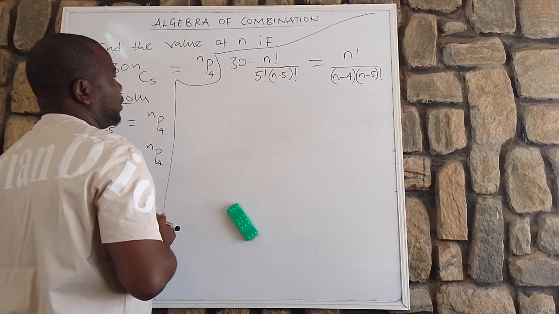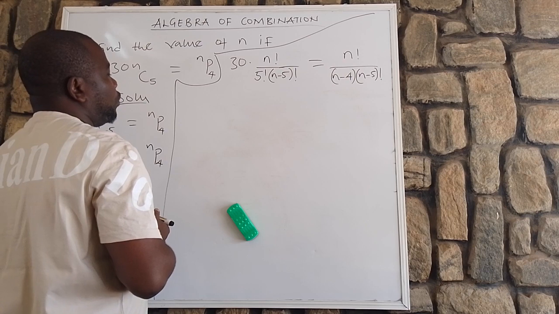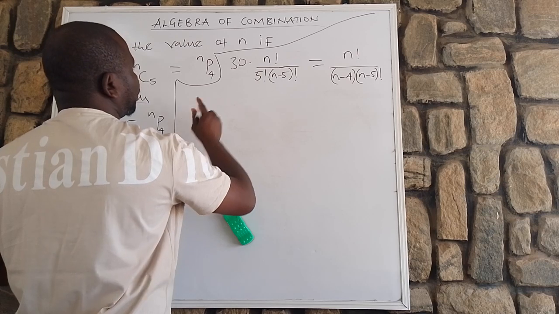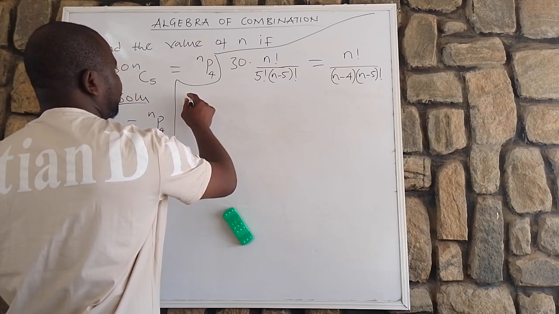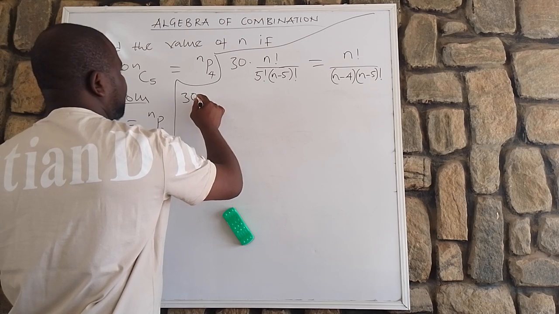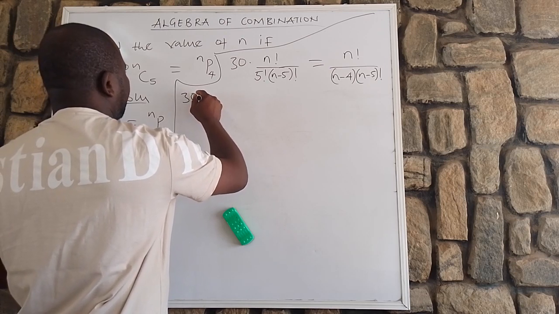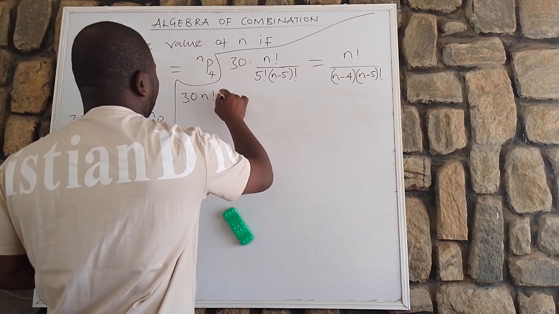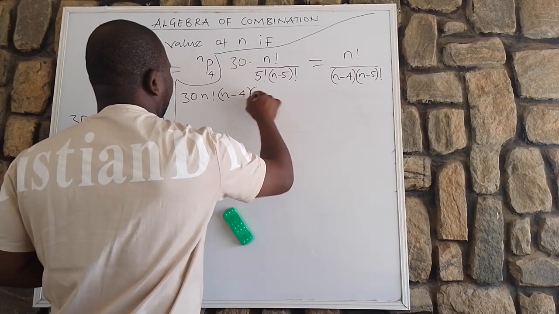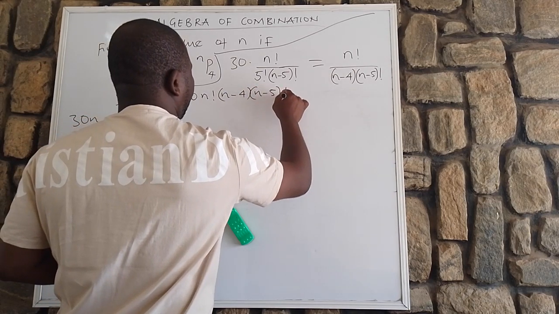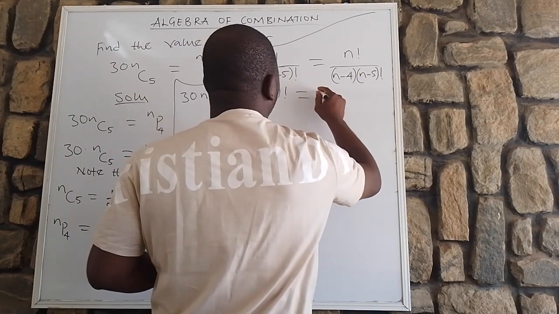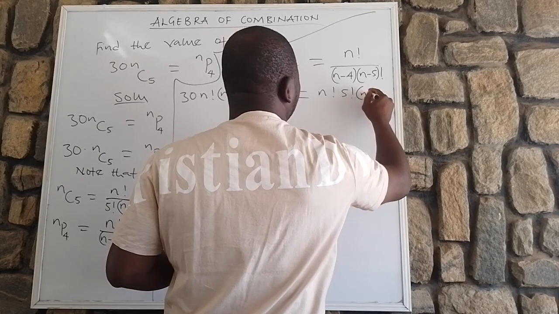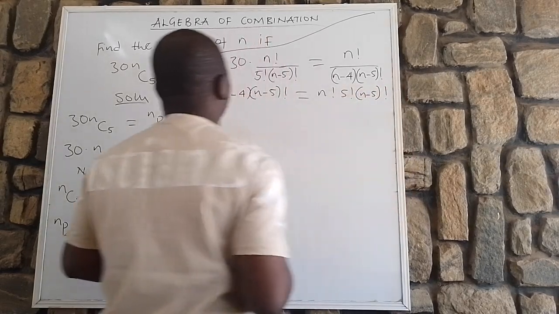Okay. Let's look at it together. For the sake of clarity, let's do it this way. 30 n factorial, n minus 4 times n minus 5 factorial is now equal to n factorial 5 factorial n minus 5 factorial.